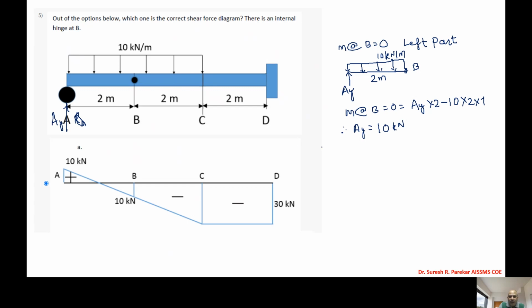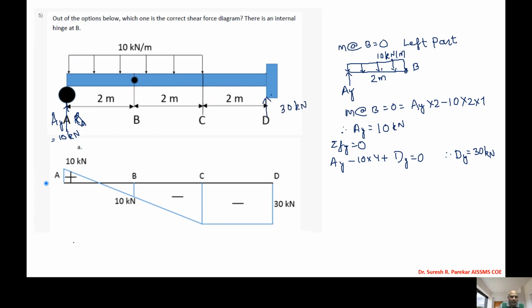So automatically by using Fy equal to 0, we have AY minus 10 into 4 plus Dy equal to 0. And therefore we will get Dy equal to 30 kilonewton. So we have AY which will be 10 kilonewton and Dy equal to 30 kilonewton.